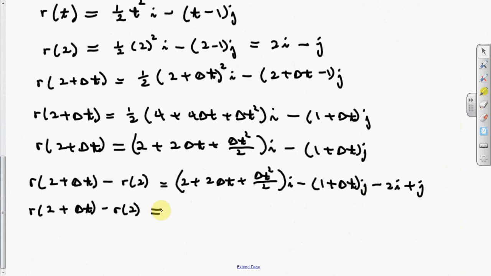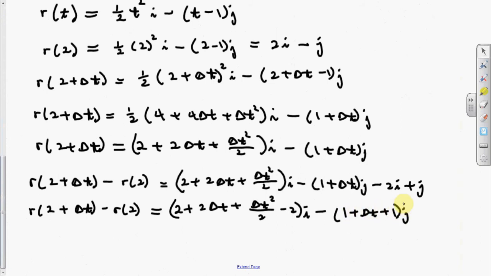R of 2 plus delta t minus r of 2. So we're gonna get the i's together and get the j's together. So this is 2 plus 2 delta t plus delta t squared all over 2 times i, and then that's minus 2 times i, and minus 1 plus delta t plus 1 times j.